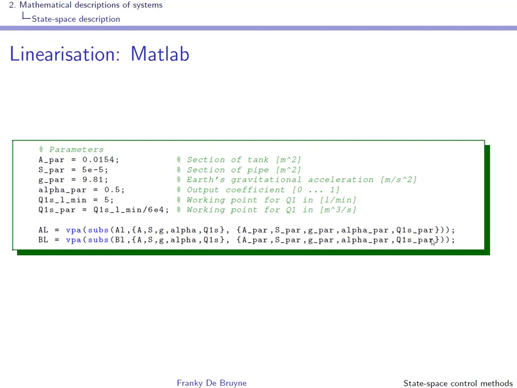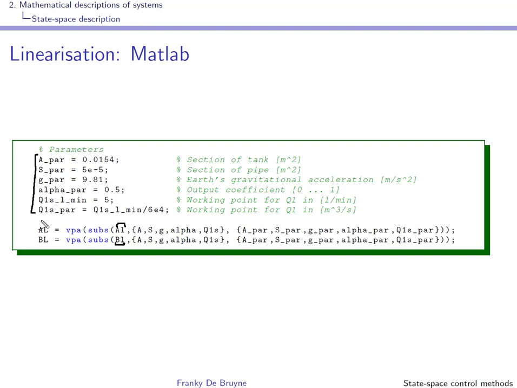So once you have the expressions of the matrices A and B, they are symbolic. What you can do is replace the symbolic variables A, S, G, alpha and Q1S by parametric values, and this can be done using the command subs, and then you have to evaluate it using the command VPA.